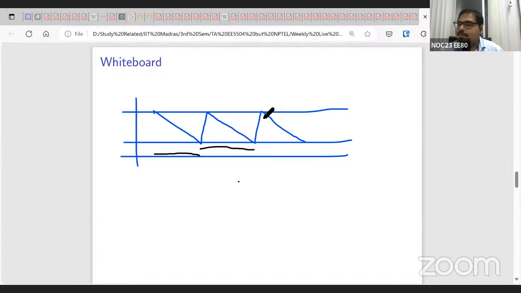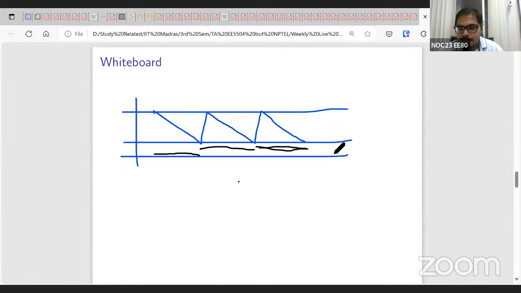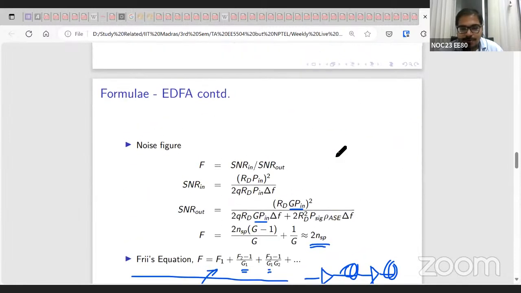Then again, using the second alpha, again this noise level will go somewhere higher. So after some point, the signal can get buried in noise. So after that, you can only use amplification till you have your signal power more than noise power. So that is how we use the alpha.